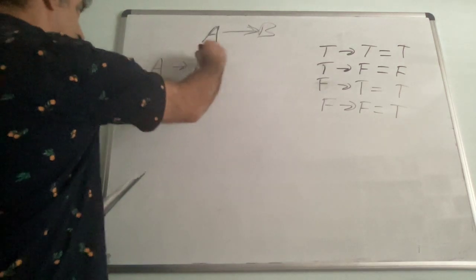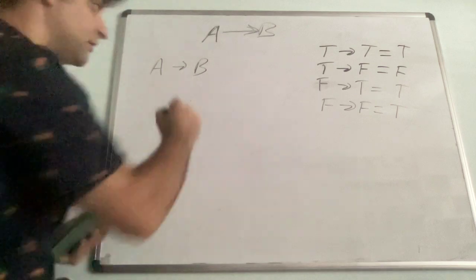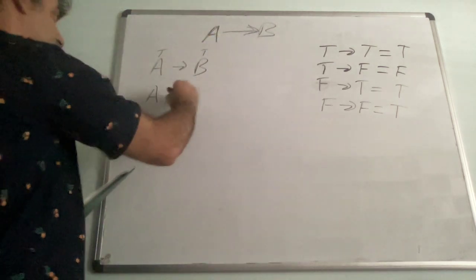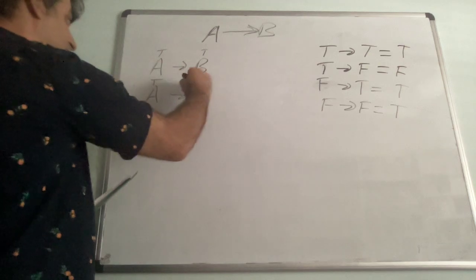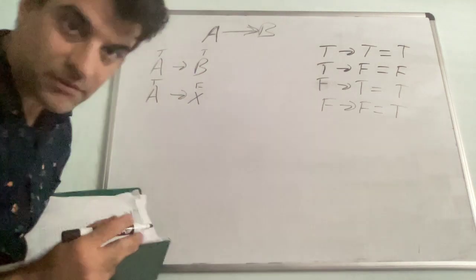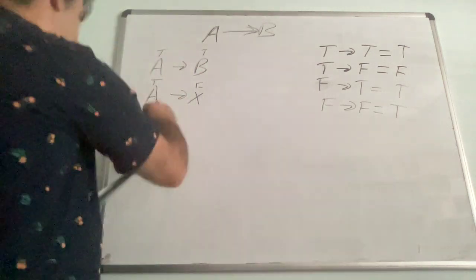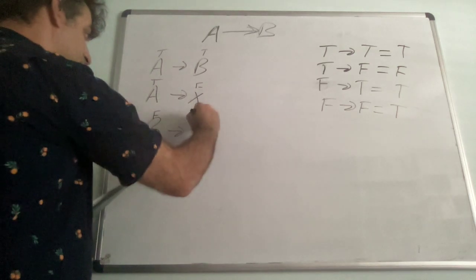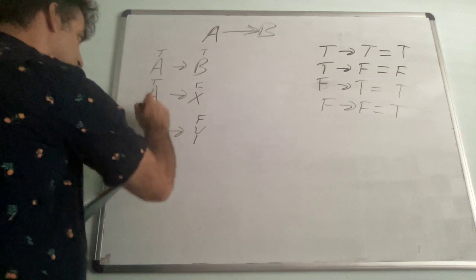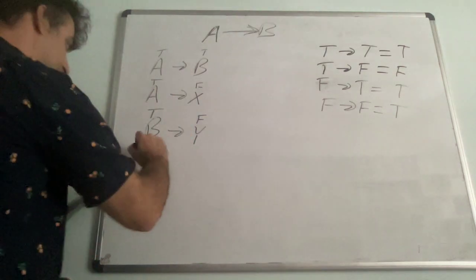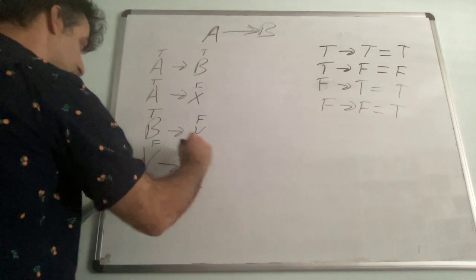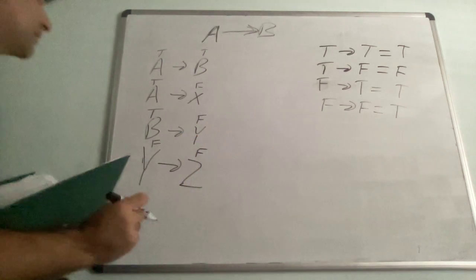A arrow B is true arrow true. A arrow X is true arrow false. Right? B arrow Y is, sorry, true arrow false. And Y arrow Z is false arrow false. Okay?